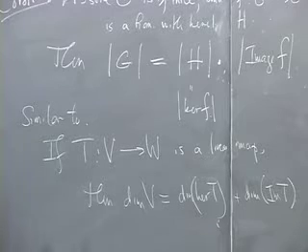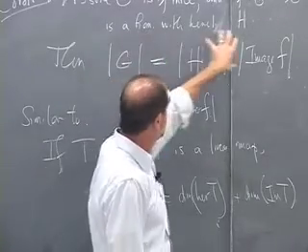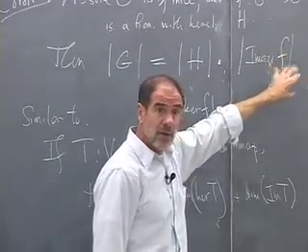You have a group homomorphism. It splits the order as a product of the order of the kernel and the order of the image.